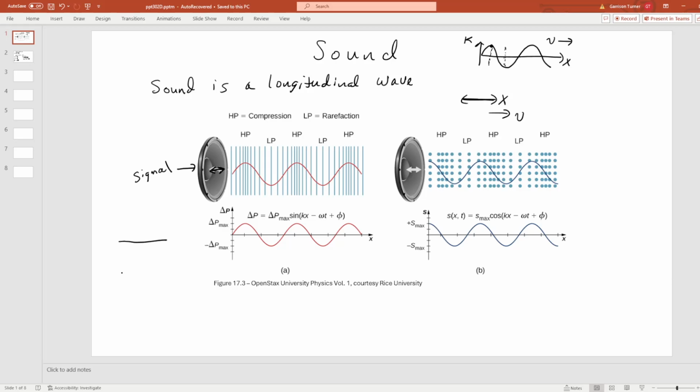Suppose I have some air in a tube, but I have a piston, some sort of plunger. So my container is filled with air.